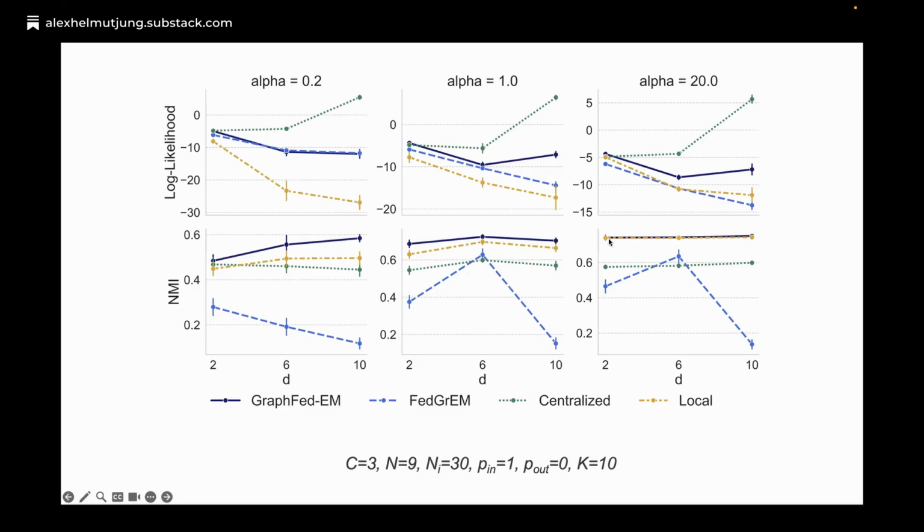And again, this advantage diminishes once we go to a more equivalent split between the nodes, when the heterogeneity is diminishing. So when the nodes are similar to each other, it performs in a similar way as the local training, but better than centralized. And again, there is something weird happening with this gradient-based EM. But this algorithm has a bunch of hyperparameters, and maybe I just need to try to optimize it specifically for this data set.